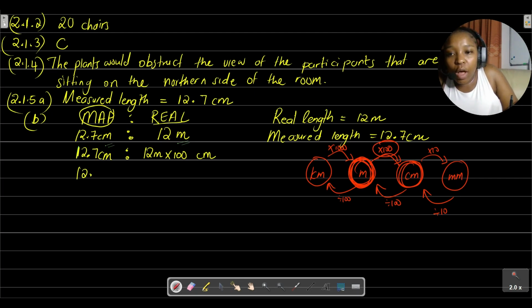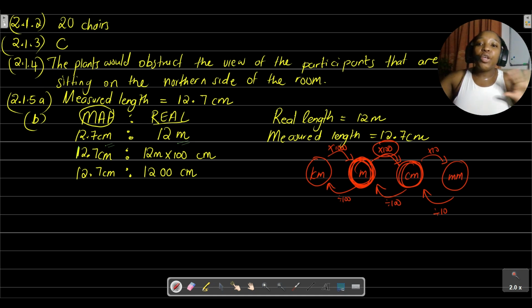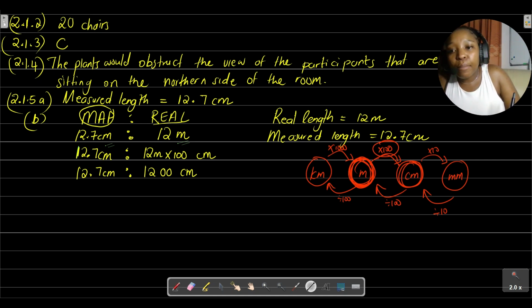So now I've got 12.7 centimeters is to 1,200 centimeters. Now that my units are the same, I can divide by 12.7 centimeters on the left and divide by 12.7 on the right.